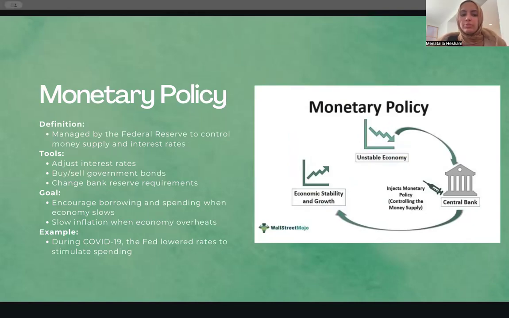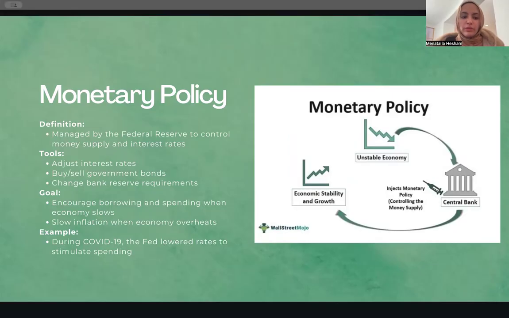So monetary policy is controlled by the Federal Reserve and involves managing the money supply and interest rates to influence the economy. Key tools include changing interest rates, buying or selling government securities, and adjusting reserve requirements for banks.